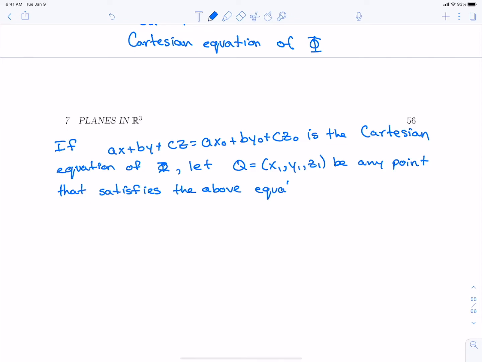So we're saying we already know that Q is on the plane, so Q is actually any point that satisfies the equation.